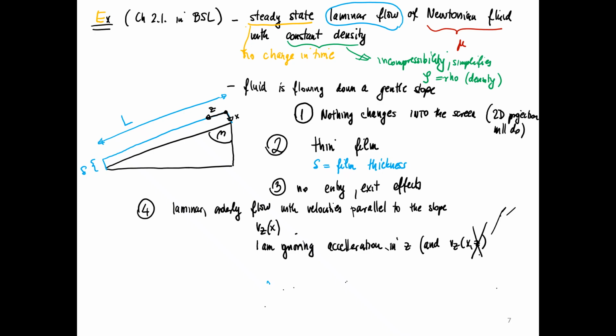So I'm just ignoring that. Because if this was a bigger slope, I would expect acceleration, right? So each layer has different velocity.